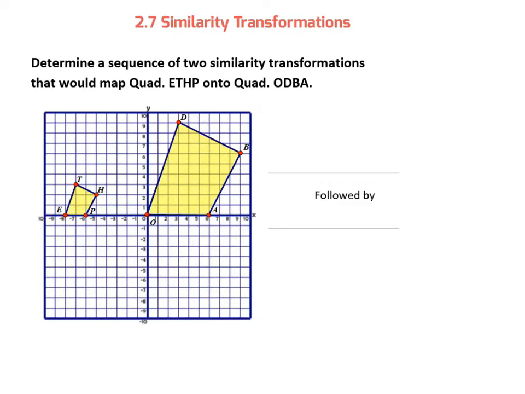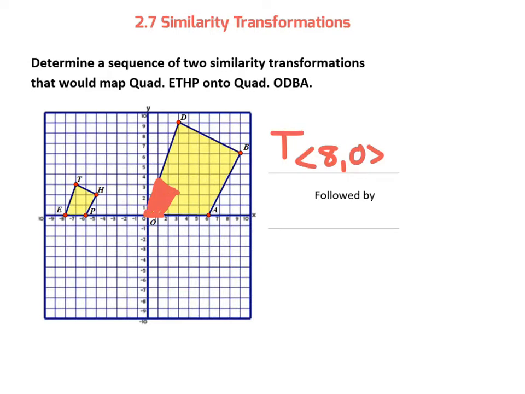So to slide it over, that would be a translation. And it looks like I've got to go 8 to the right. So 8 to the right. And what that would do is it would put me right into this position right here. And let me just fill that little guy in. Basically, we would be right into this spot here.